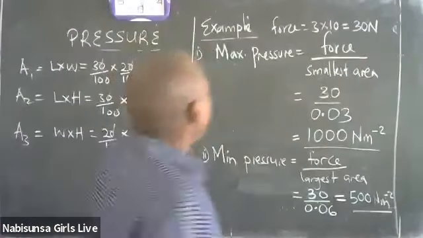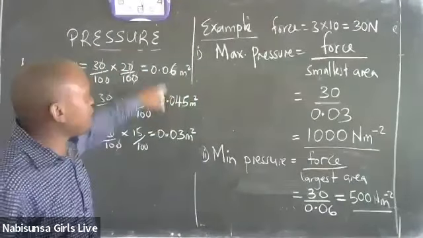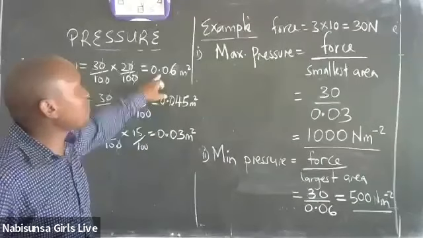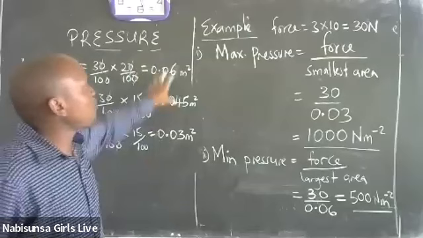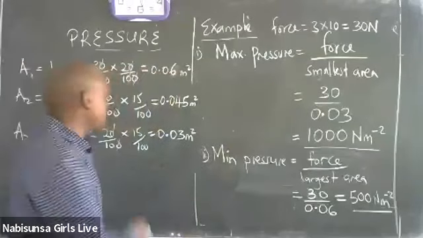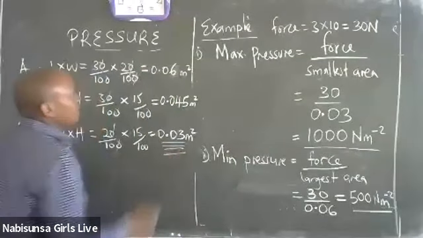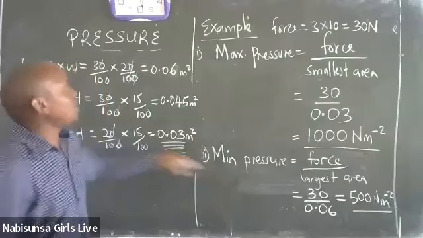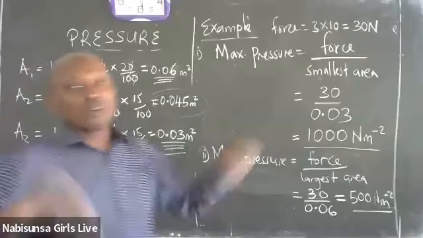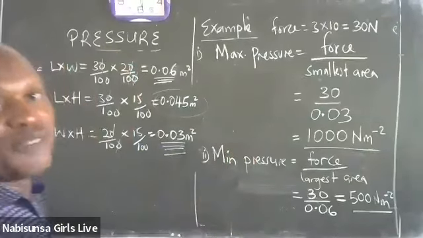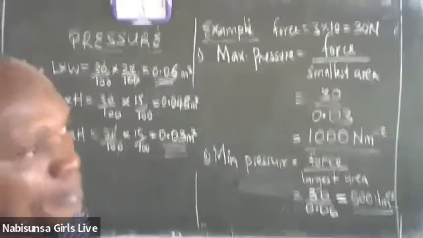First we say we have three areas. Out of the 3 areas, you pick out the smallest, and the smallest is this. And then the biggest: when you're looking for minimum pressure, look out for the biggest. This one we're not using anywhere, because it doesn't fit in any of the formulas.